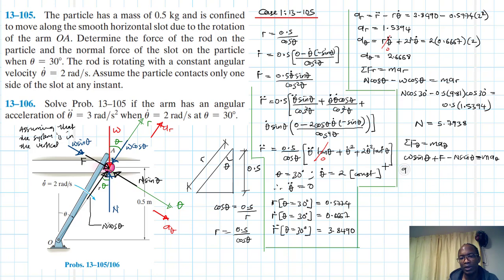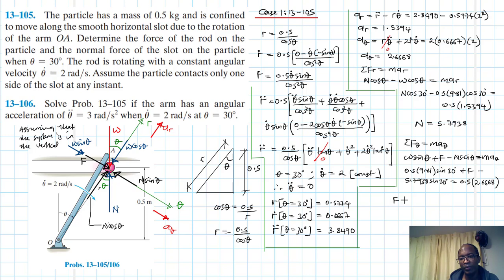Our W is just 0.5 by 9.81, sine 30, plus F minus 5.7938 sine theta, which is a 30, and this is equal to 0.5 by a_theta, which is a 2.6668.